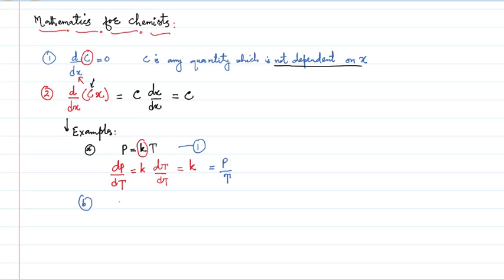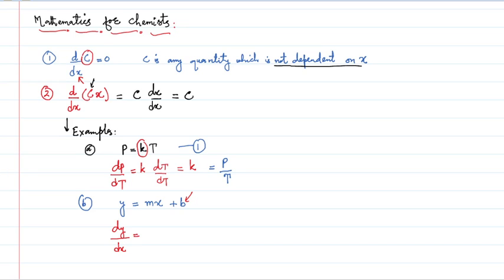Suppose we have the equation of a straight line, y is equal to mx plus b. Here b is always a constant. This is the intercept, and suppose we have to differentiate it with respect to x, so we will write dy upon dx.